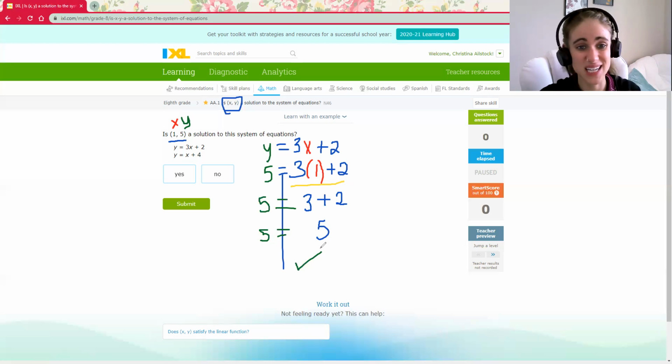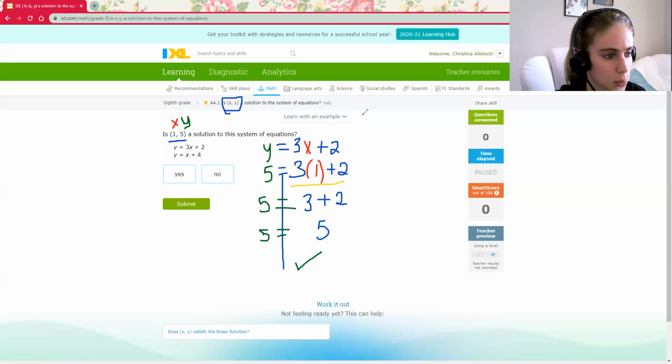But I'm not done yet. I can't hurry up and click yes because I'm dealing with a system of equations, which means it has to be a solution that works for both of them. I know that it checks out for the first one, but we're going to do the same thing. We're going to substitute, using this second equation here and see if it also is a solution.